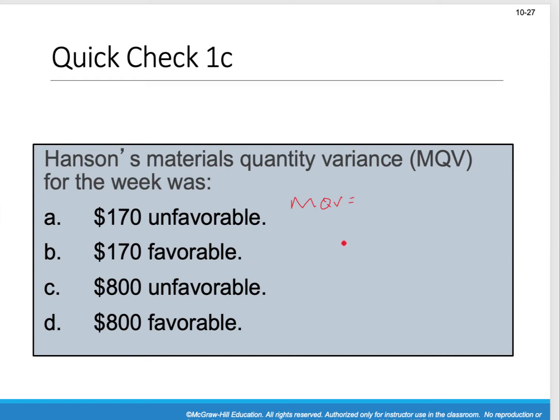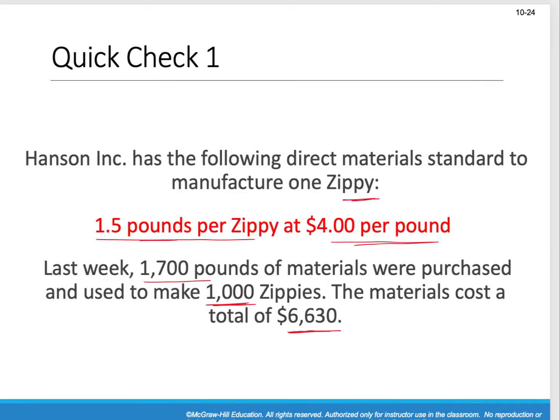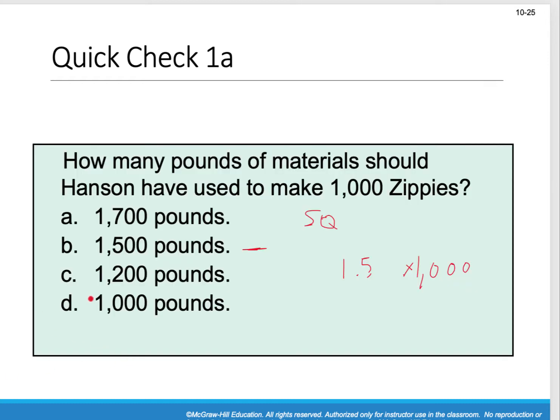So standard price times the difference between the actual quantity minus the standard quantity. Well, guess what? We already know the actual quantity is 1,700 pounds. We already know what the standard quantity should be, 1,500 pounds.